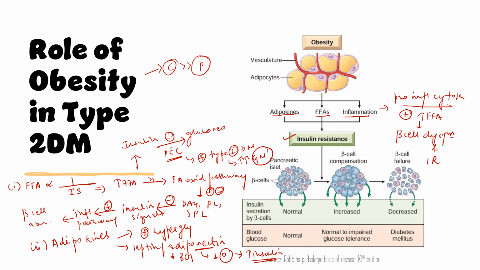These two, pro-inflammatory cytokine and free fatty acid, release something called inflammasome. Now this inflammasome tends to secrete something called IL-1 beta. Now this IL-1 beta will secrete IL-1 cytokine. This IL-1 cytokine releases the pro-inflammatory cytokine.